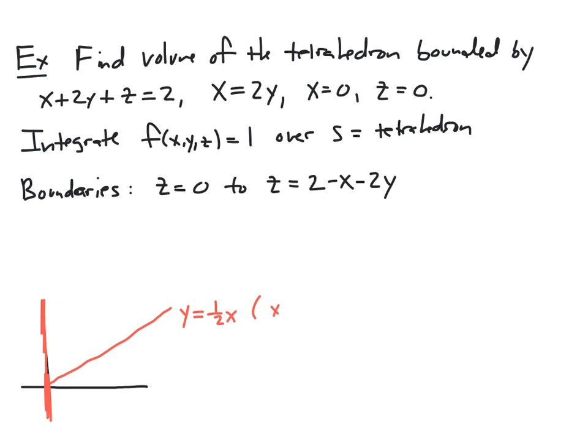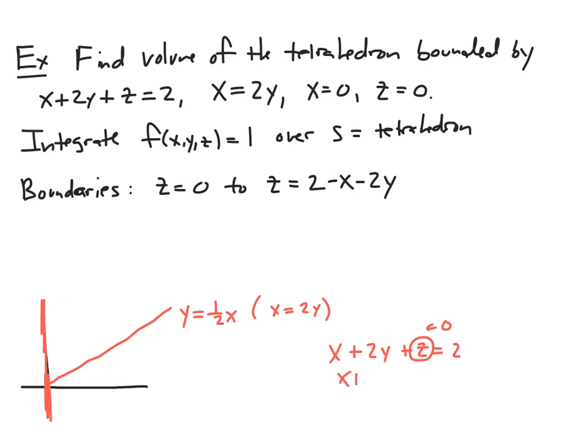And I'll just point out this is coming from x equals 2y, that plane being projected down into the xy plane. Now the other boundary for y comes from the plane x plus 2y plus z equals 2. And remember, we're projecting into the xy plane, which means we're setting z equal to 0. So when we set z equal to 0, this other plane, x plus 2y plus z equals 2, this variable is going to be equal to 0 in the xy plane.